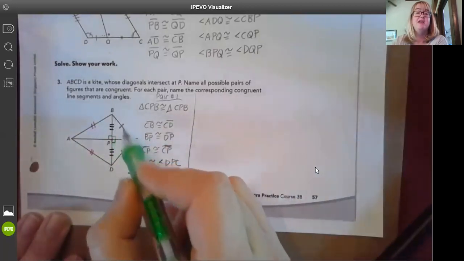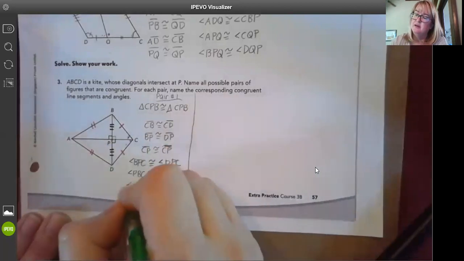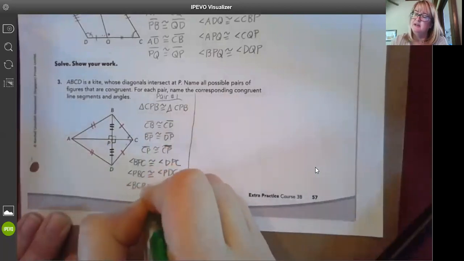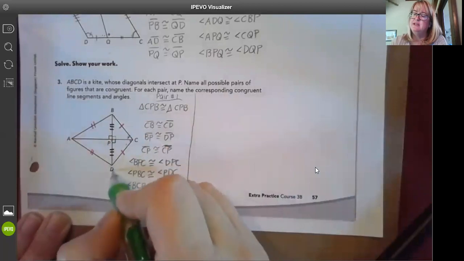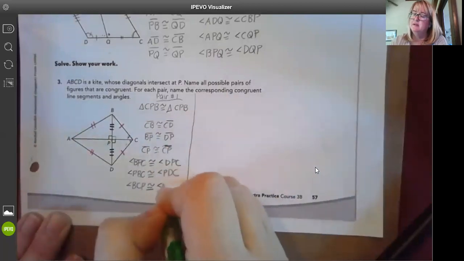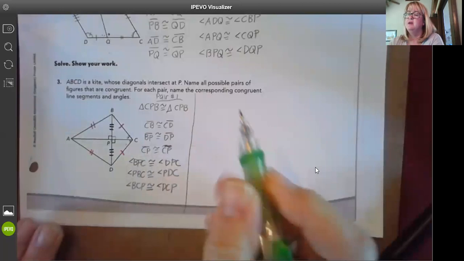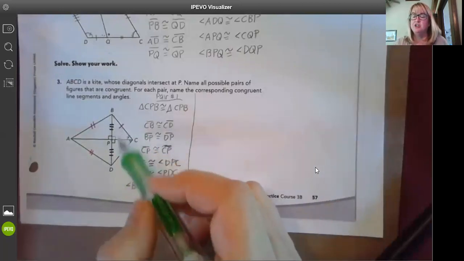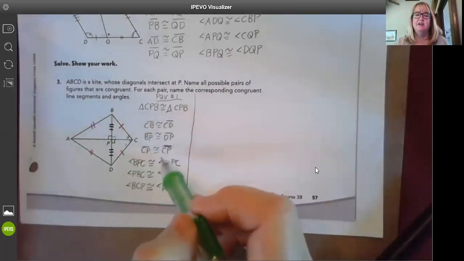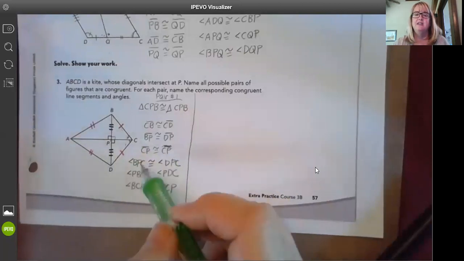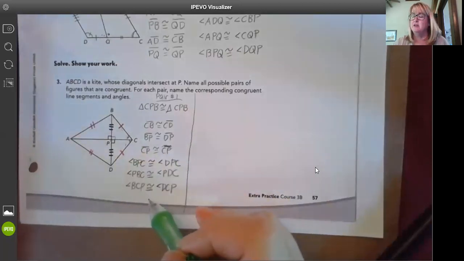So we're going to call that BCP. BCP is congruent to DCP. Okay, so that's the first pair, these small triangles, the 3 side lengths that are corresponding and congruent, and the 3 angles that are corresponding and congruent.